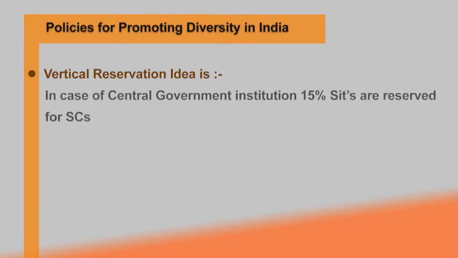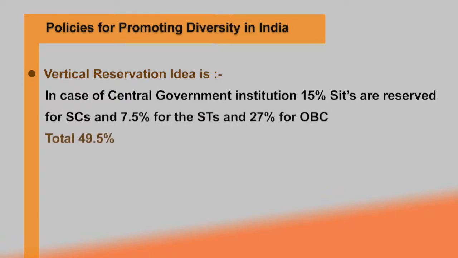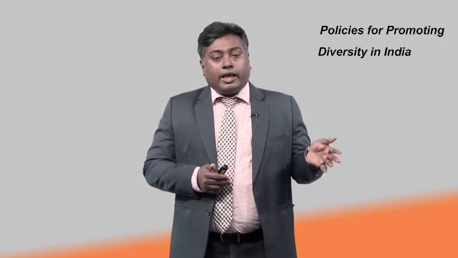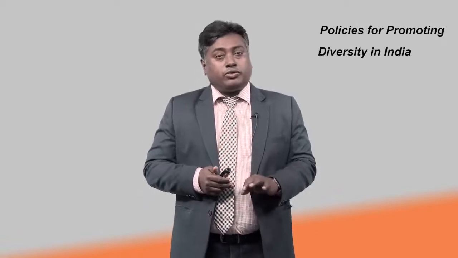For instance, in the case of central government institutions, 15% of the seats are reserved for SCs, 7.5% for the scheduled tribes and 27% for the other backward classes. So, the total will be 49.5%. With the introduction of the economically weaker section reservation, the total reservation in central government institutions is 59.5%. So, this is vertical.